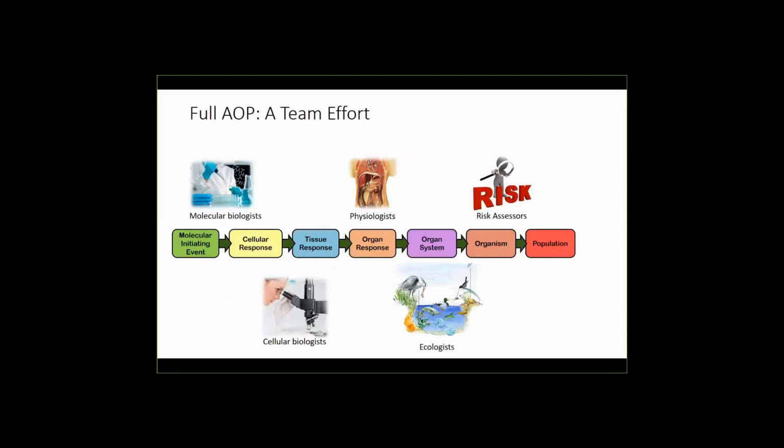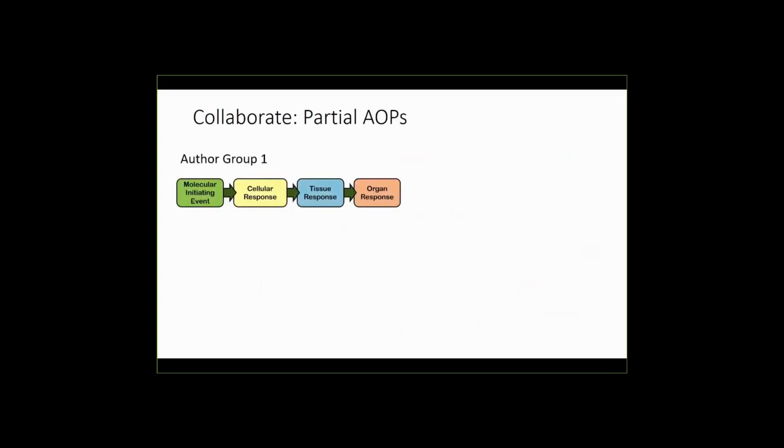So, as I mentioned, making a full AOP often requires the effort of a full team of experts, since it covers many spans of biological organization. However, if your team or yourself doesn't have the required expertise, another option is to create partial AOPs.